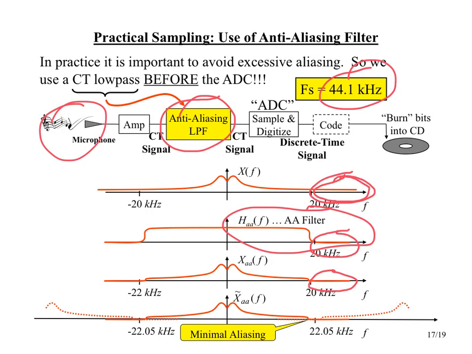So in both cases, here and here, we still have something above 20 kilohertz that's not zero, but after the anti-aliasing filter, we've pushed it down even farther than it was originally. Then we do our sampling, say at 44.1 kilohertz. We end up with a scenario like that. You can see the dashed line there, but that dashed line is at this level. And so presumably we've used the anti-aliasing filter to push that down so far that it's negligible.